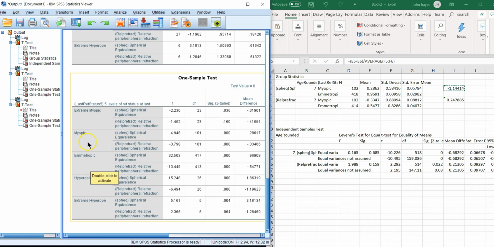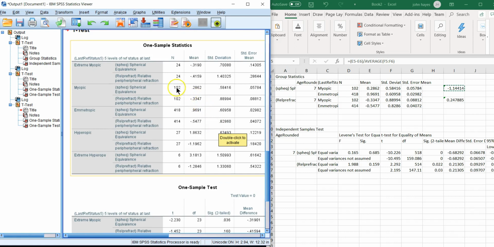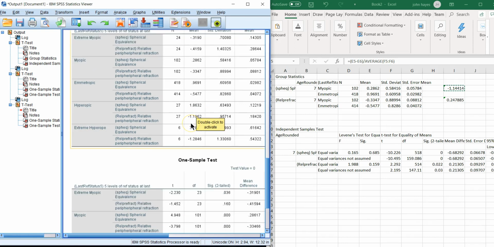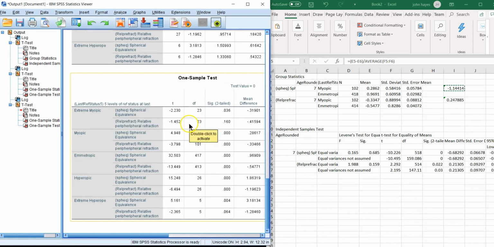But we're asking about myopes and emmetropes. They are both different. So here, we come up here, we see that myopes have a mean of 0.28 and a peripheral refraction of minus 0.33. Emmetropes are 0.96 with a peripheral refraction of minus 0.5. We see both of those are different, very different from 0.